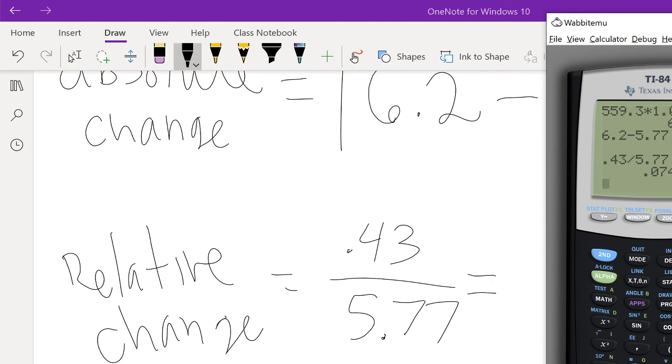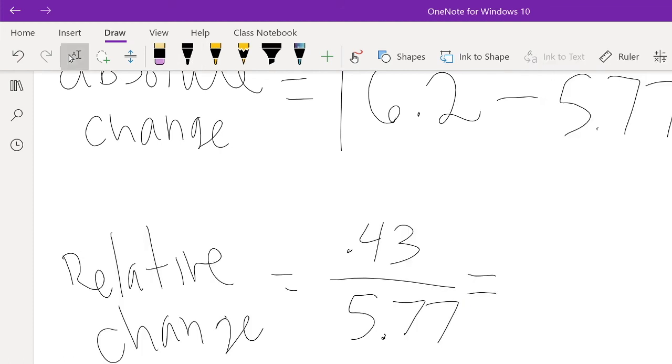It's no longer money here, but it's actually a percentage of change. All right, so here what I'll do is I'll take 3 place values. So I'll do 0.075. So the relative change, and again, let's change that to a percent, is 7.5%. So it went up by 7.5%. Okay, so that would be the relative change.